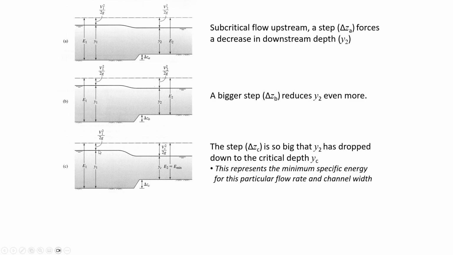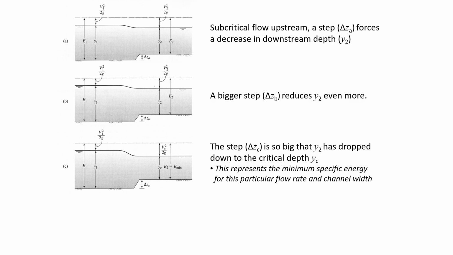There's only so much energy at 1 to push it over the obstacle. And if you make delta Z bigger, then you're going to induce pooling at 1 or choked flow. There has to be an accumulation of additional energy upstream to push the water over the obstacle if the delta Z gets larger than that critical step height.